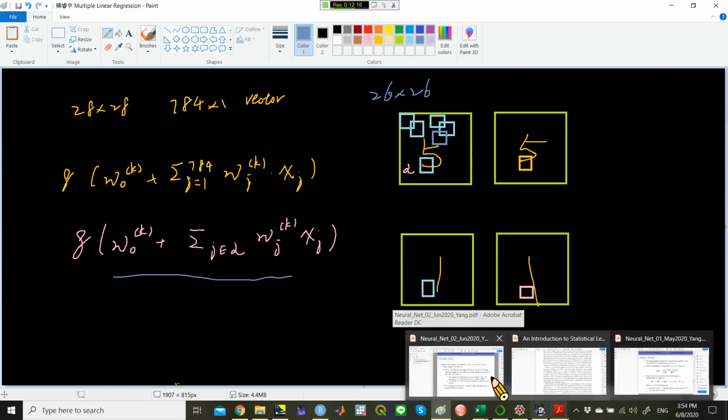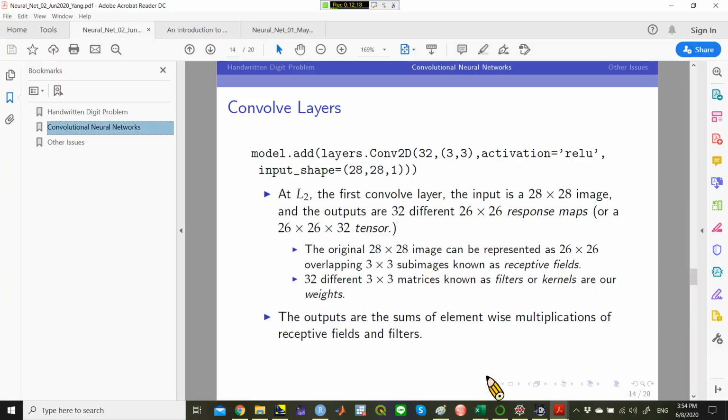So the convolve layer is the spatial form of the neuron, which was tailor-made for image or figure classification, because in this kind of classification problem, we don't want to just look at one pixel by one pixel. We want to look at one region by another small region.